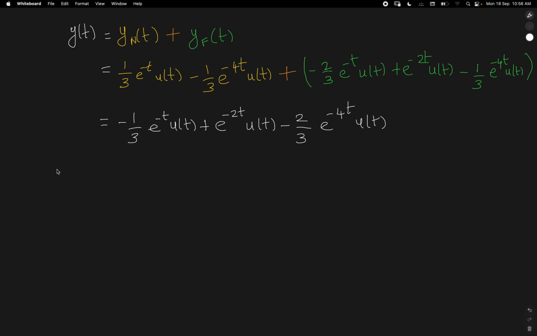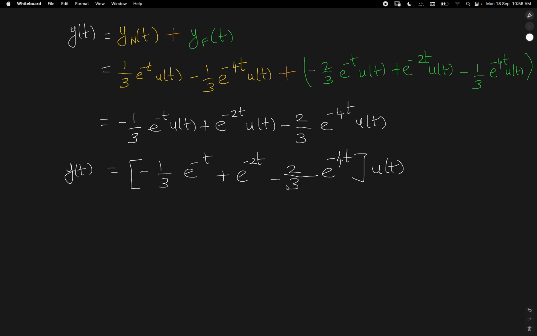So the total response of the system is y(t) equal to, taking u(t) common since all three terms have u(t), y(t) = [−1/3 e^(−t) + e^(−2t) − 2/3 e^(−4t)] u(t).